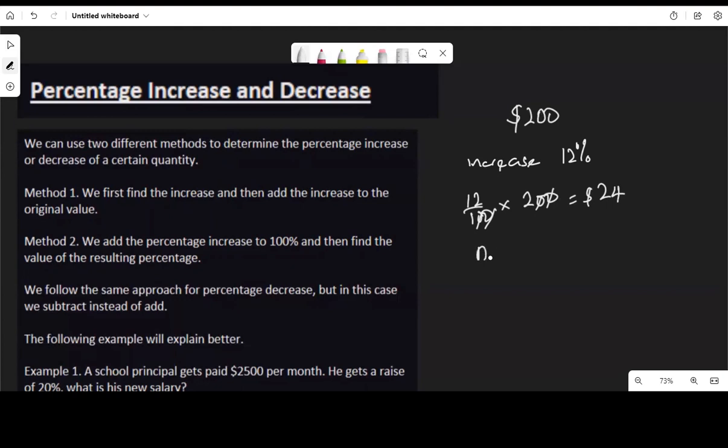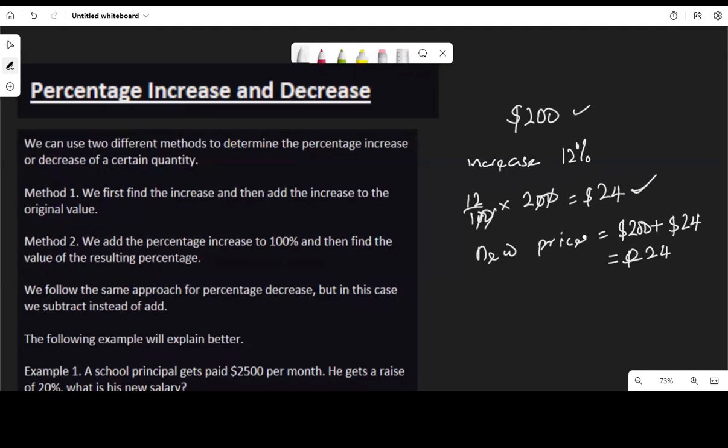Therefore, the new price will be the original price, which is $200, plus the percentage increase, which is $24. 200 plus 24 is 224. So the new price is 224. That is calculating the percentage increase first, which is 24, then we add that increase to the original price, which is 200.